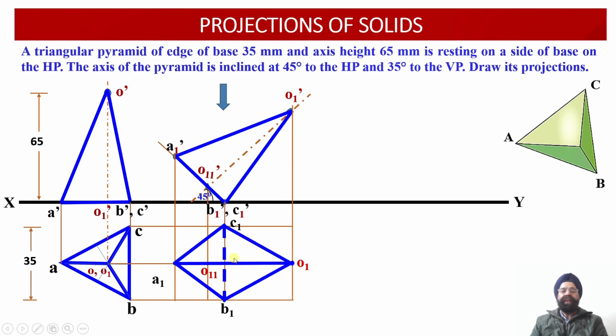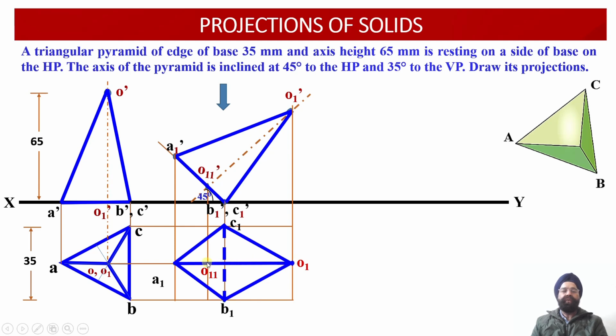This way, we have been able to obtain the plan projection corresponding to this inclined triangular pyramid when the axis of the pyramid is inclined at an angle of 45 degrees with respect to the horizontal plane. One thing is very evident in this plan projection: the axis O1 O11 is the apparent length projection of the axis as it appears in the top view.